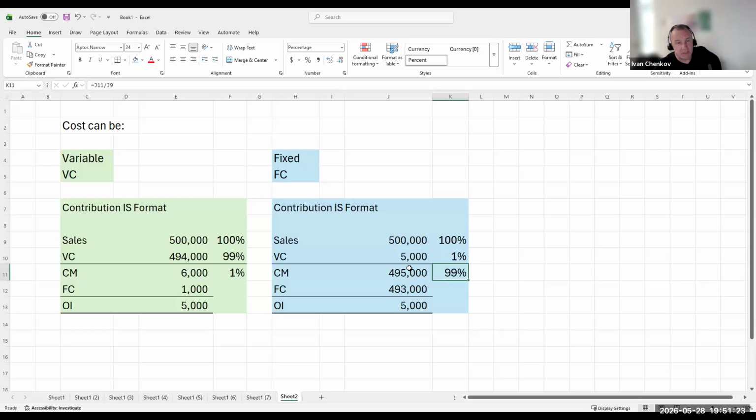Now, what that means? That means that the company which is generating that ginormous contribution margin, one additional unit of sales is going to give us ginormous profit. Whereas in this company, if you're generating one additional unit of sales, the profit is not going to be that much.